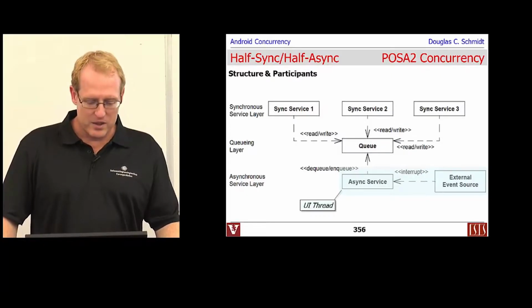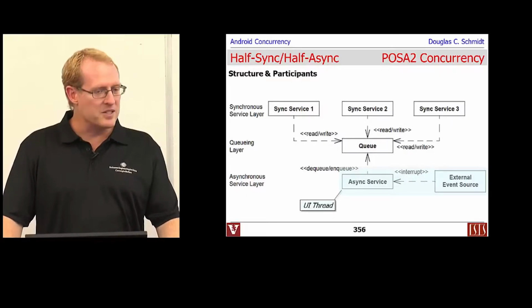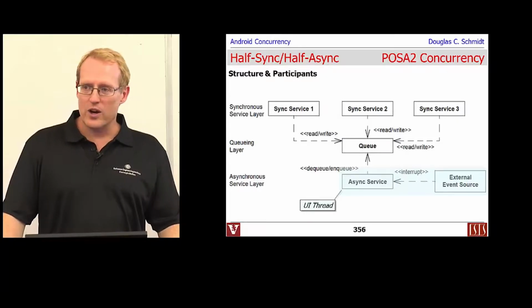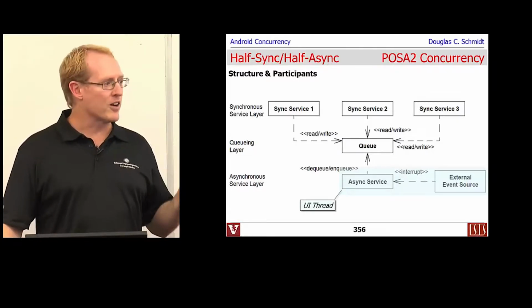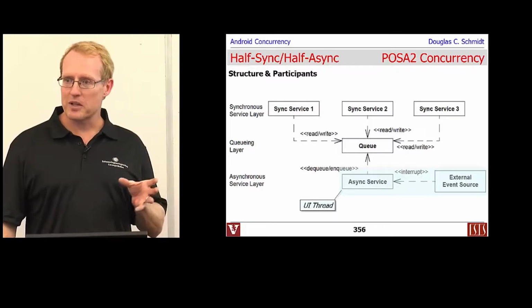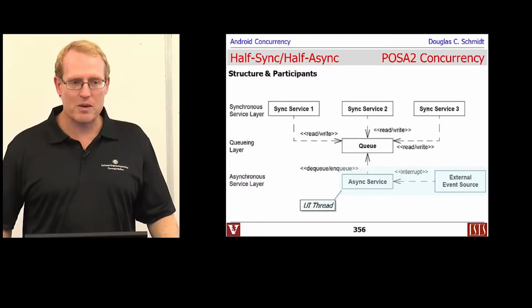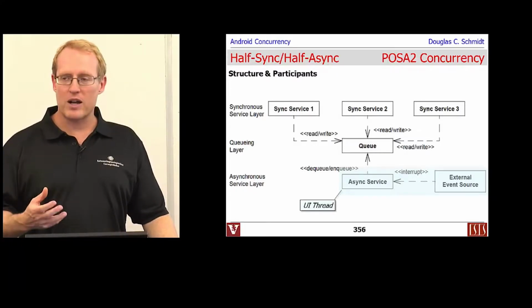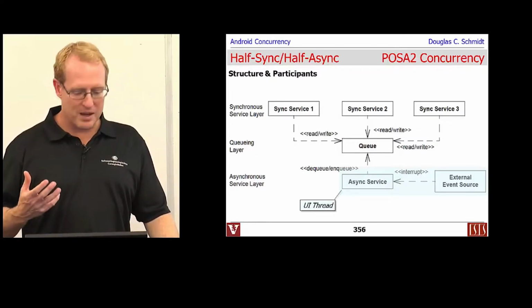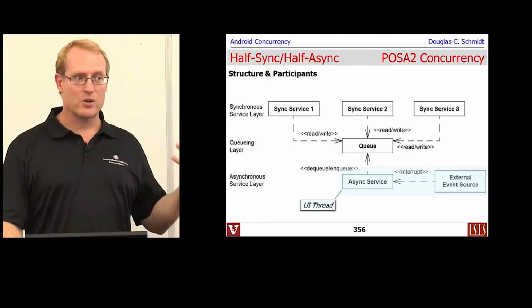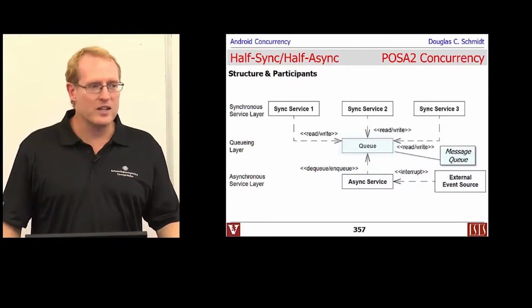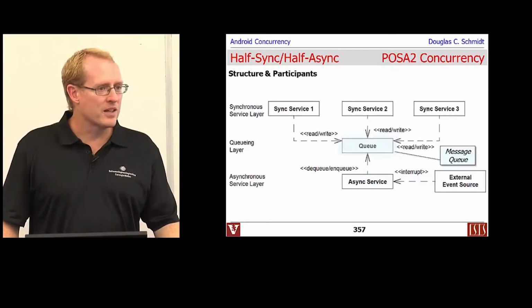There's three layers, as you can see here. There's the async service layer, where you're going to do things that don't run for very long. So short-running operations would typically run in the async services layer. And here you're maybe going to get some data, do a little processing on it, and then when you're done with that processing, which is kind of what the user interface thread does, then you go ahead and you offer it, you put it into some kind of queue.